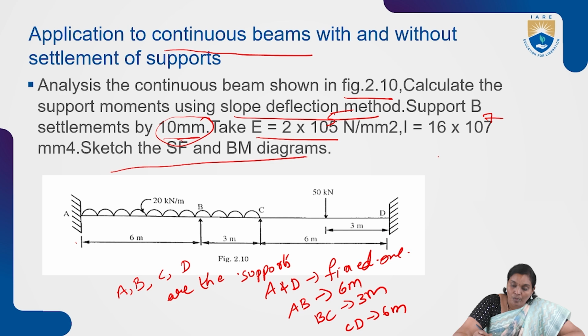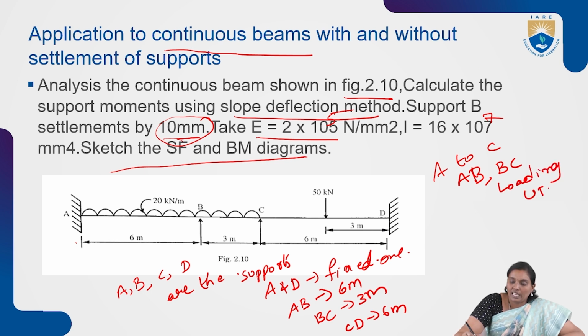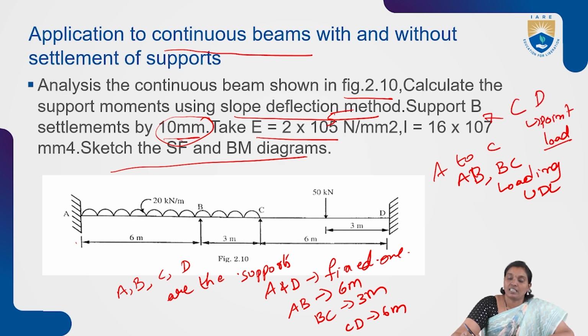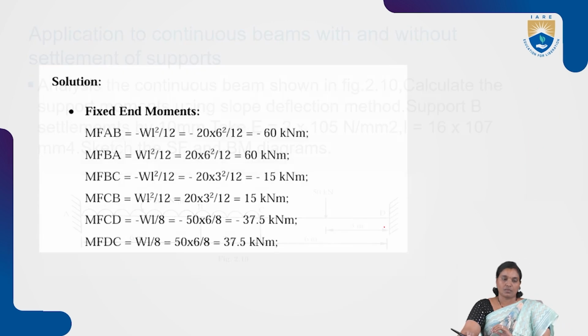From A to B and B to C, the loading is UDL, that is uniformly distributed load. From C to D, it is a point load at the mid of C to D. Now find out the fixed end moments.